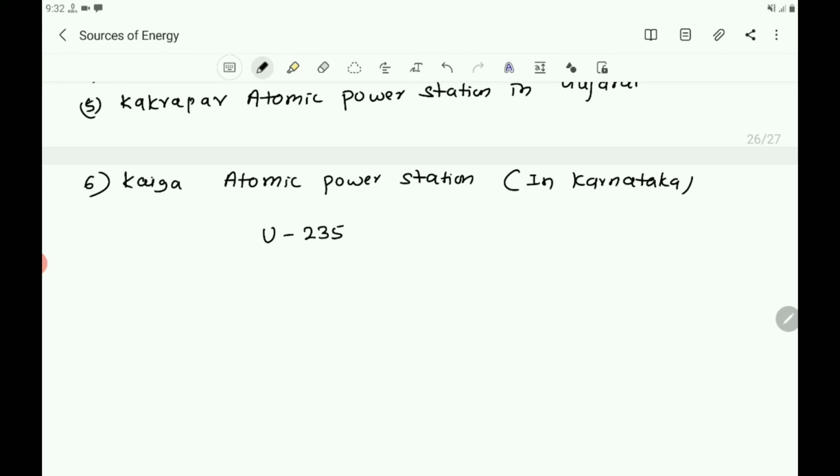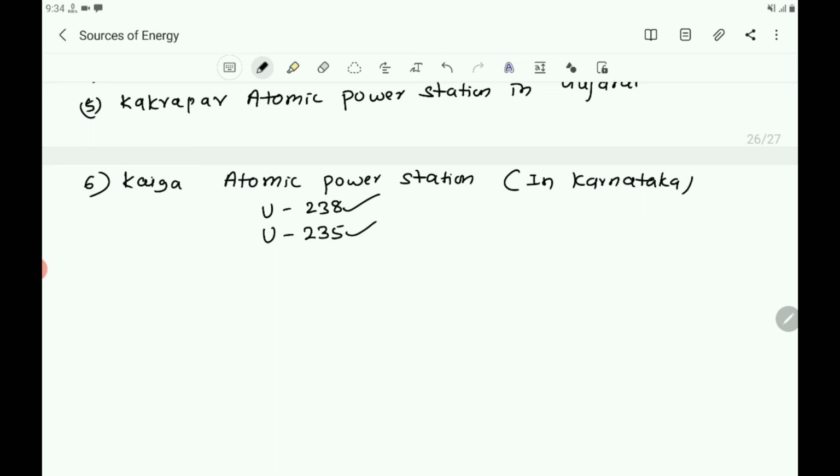You know that there are two isotopes of uranium, uranium 238 and uranium 235, but uranium 238 is not used because uranium 238 is stable. We need an unstable nucleus. So we are using uranium 235.